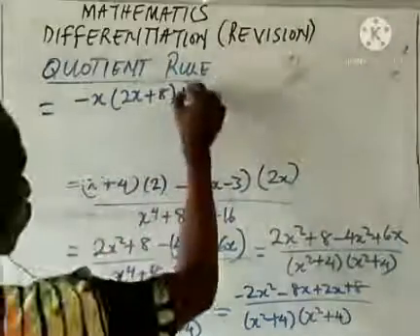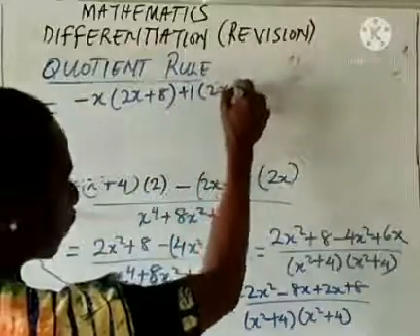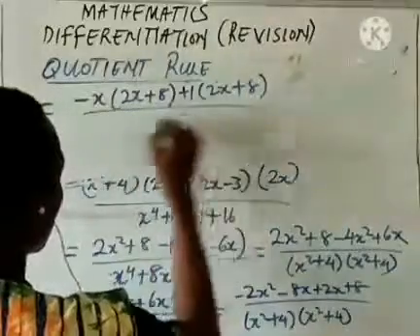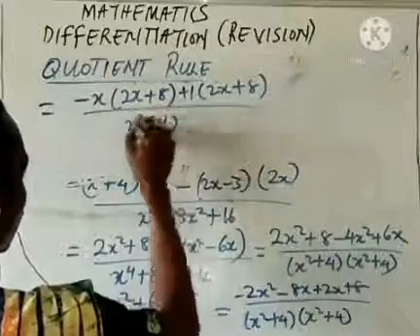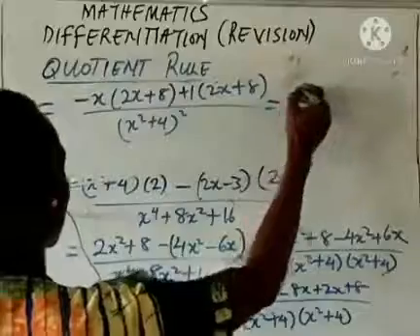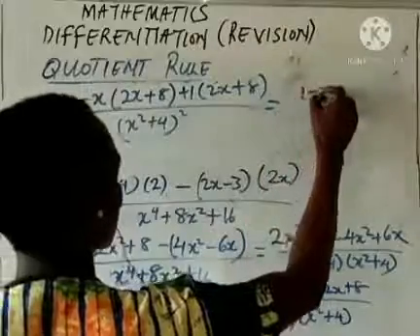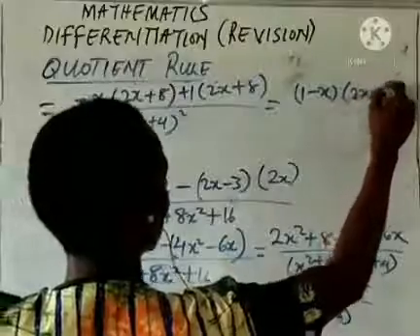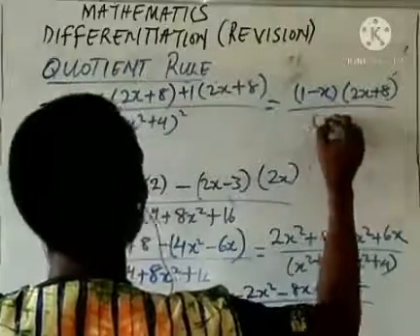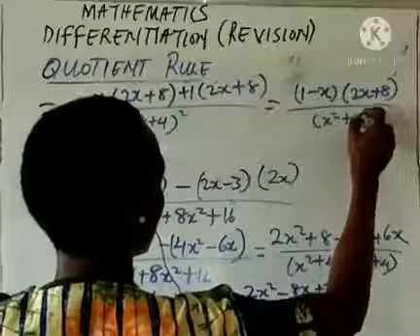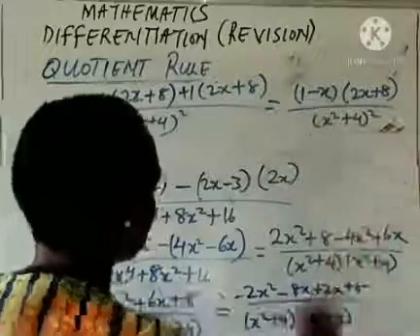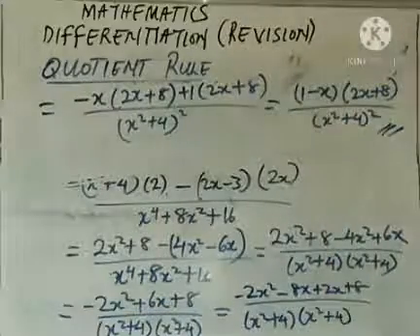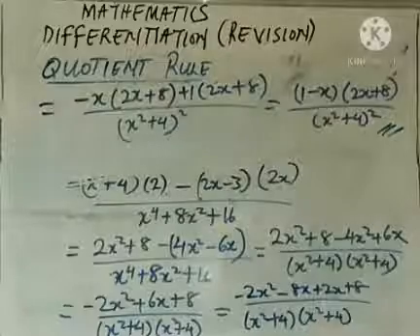In the other place, plus 1 times 2x plus 8, all over x squared plus 4 all squared. So from there we have 1 minus x times 2x plus 8, all over x squared plus 4 all squared. That will be the differentiation using the quotient rule. Thank you.